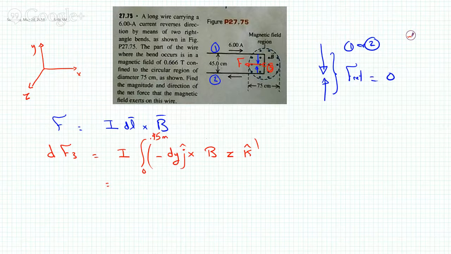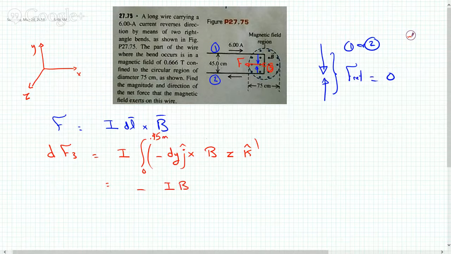The cross product between j and k, like we said, is minus i. So then I will get minus I times B. The magnitude is uniform, I can take it out. And this is just dy.